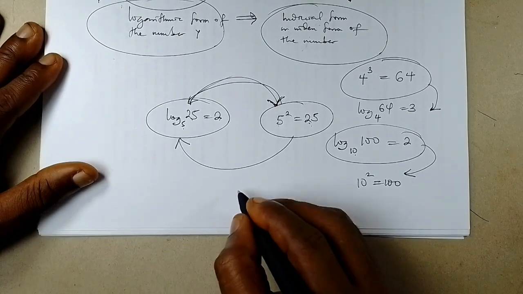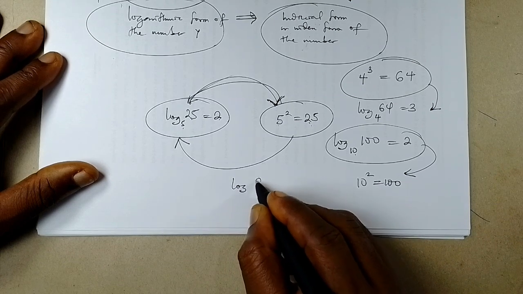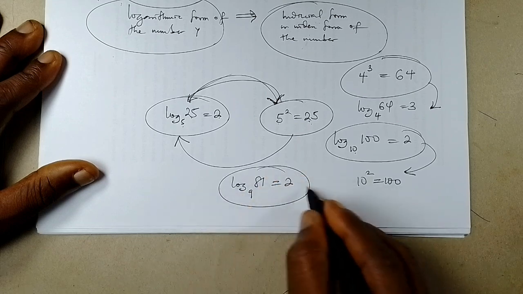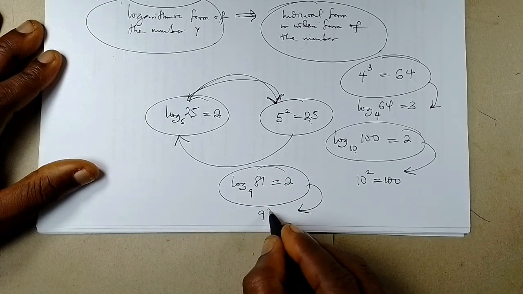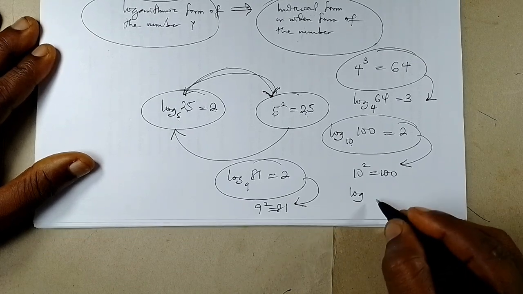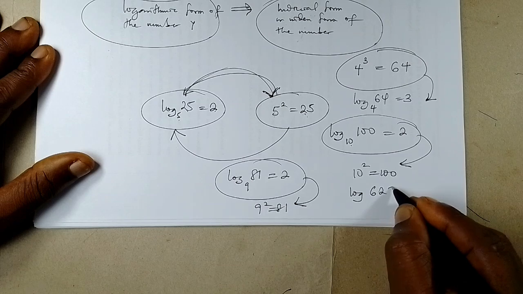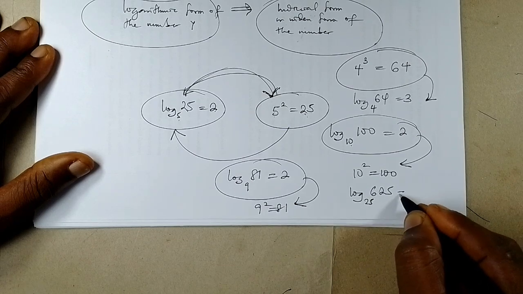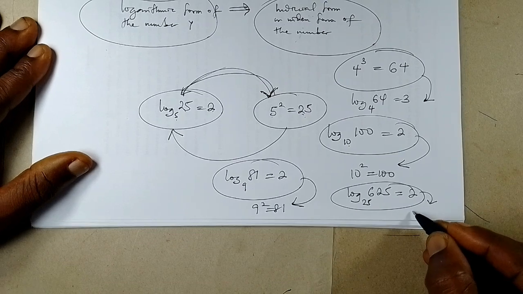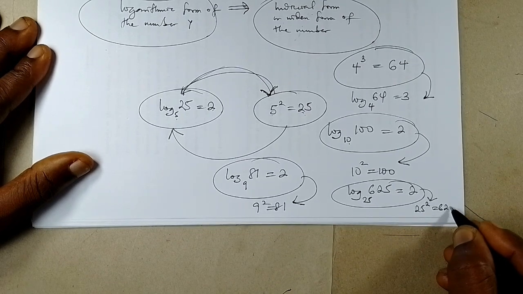Let's try one more. So if I have log of 81 in base 9 equals 2, then it will mean that the index form will be 9 raised to power 2 equals 81. And if I have lastly the logarithm of 625 in base 25 equals 2, then it will mean that the corresponding index form of this will be 25 raised to power 2 equals 625.